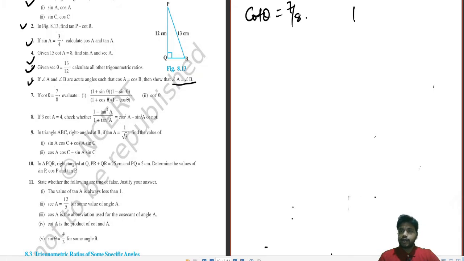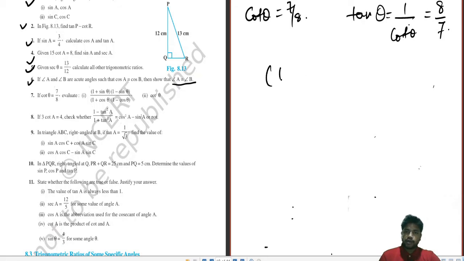So obviously you can deduce that tan theta equals 8 by 7. You're pretty sure of that. Or obviously you will write in your exam, tan theta equals 1 by cot theta equals 8 by 7.